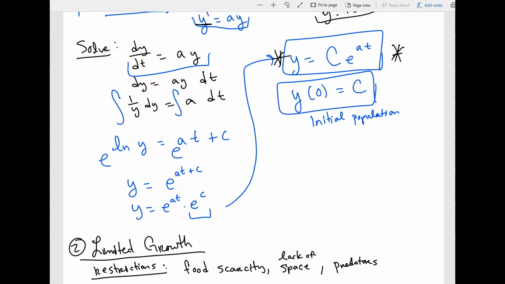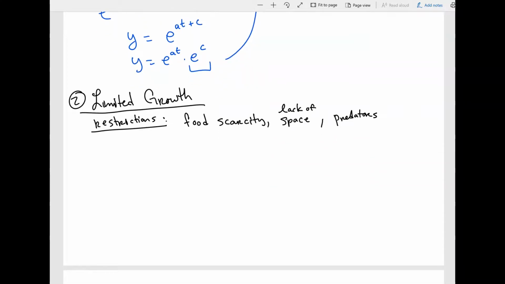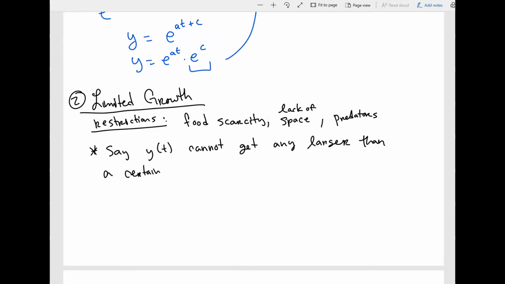Okay, we may have to incorporate these additional variables. So what we can say is the following. Say y of t cannot get any larger than a certain fixed max size.